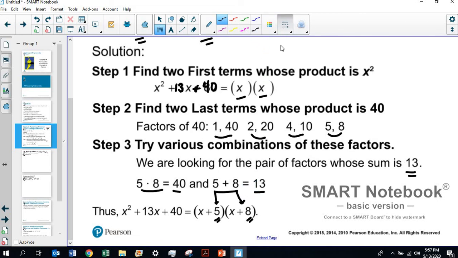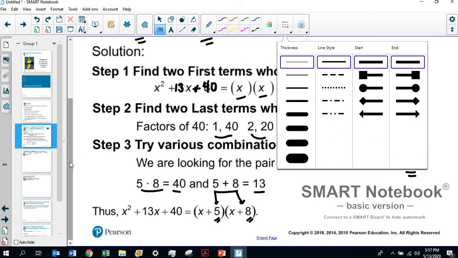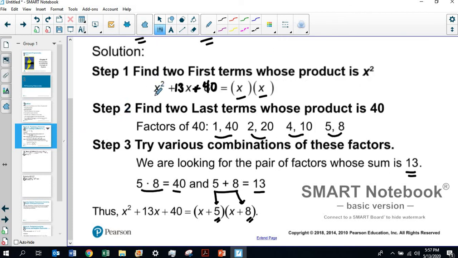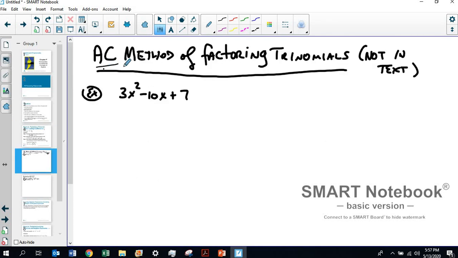Now, that really only works well for polynomials with a coefficient of 1 in front of the x squared. But I want to show you another method that's not in the textbook. This is called the AC method, and it is used more often when you're factoring ones with a non-1 in front of the x squared, 3 in this case.